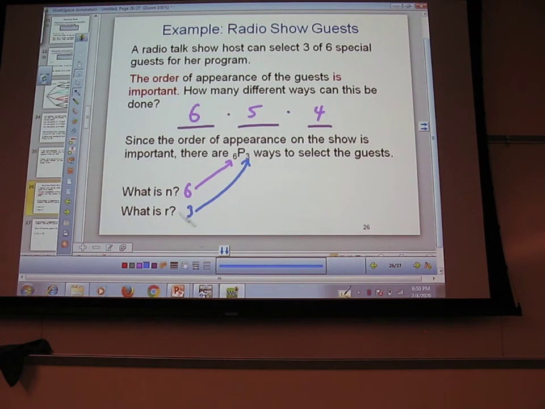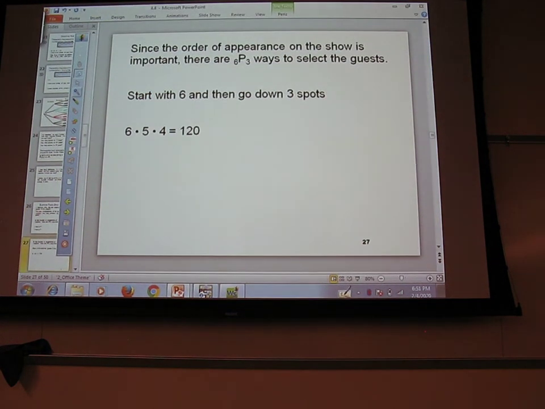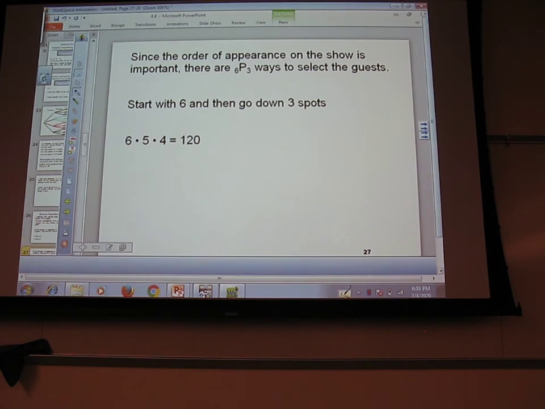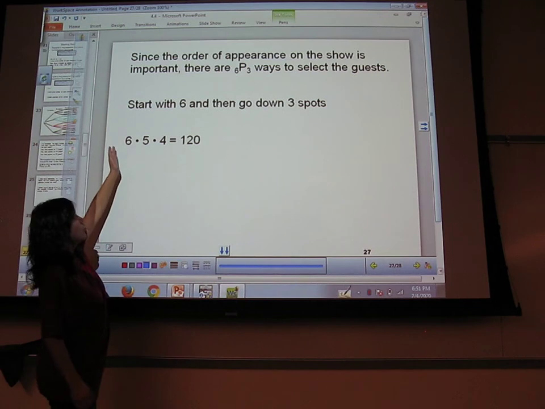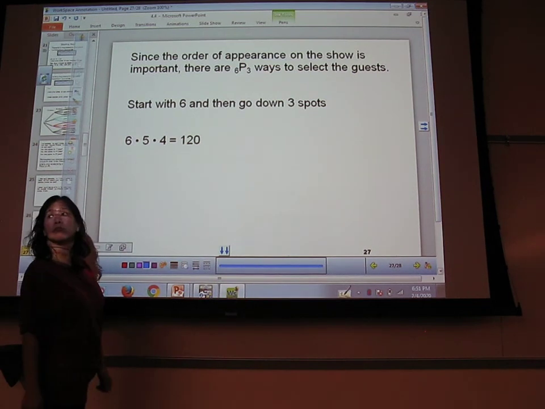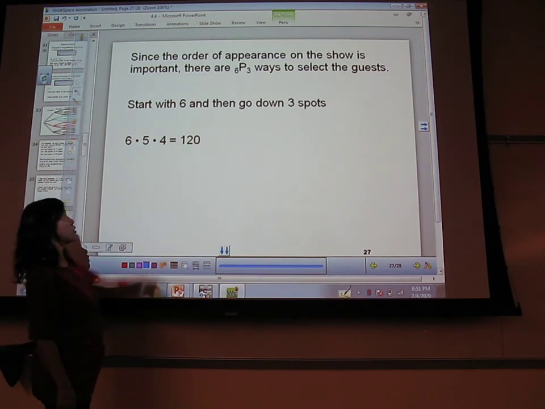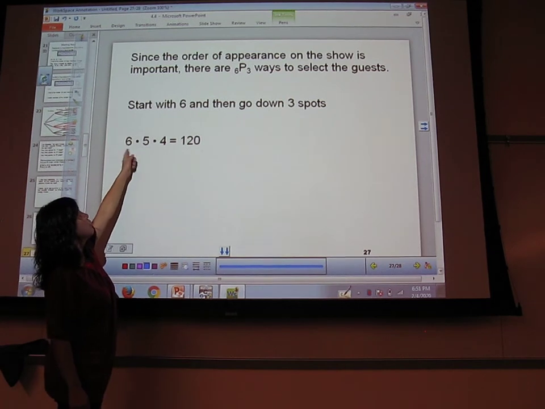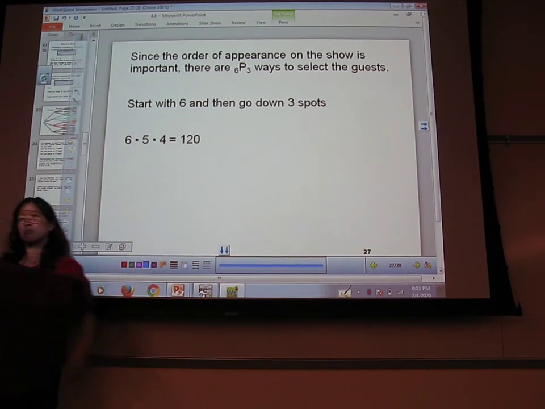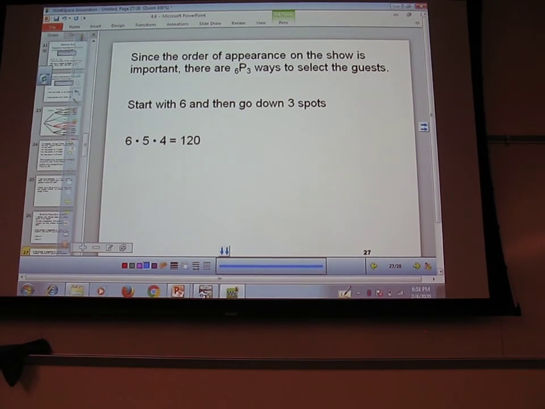Okay. Cool. So this is how I do it. This is my idea of permutations. You start with 6, and you go down 3 spots. So 6P3, start with 6, picking 3 spots. Straightforward, super easy, really clean.